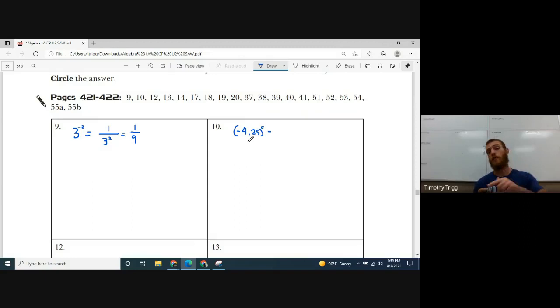Okay, so if the negative was not in the parentheses, then only the 425 would get the exponent. But since it's in the parentheses and the exponent's outside like that, everything in the parentheses gets that exponent. So that includes the negative. All right. Now, that being said, anything to the power of 0 is 1. So no matter what number is in here, it doesn't matter. Anything to the power of 0 is 1. Okay.